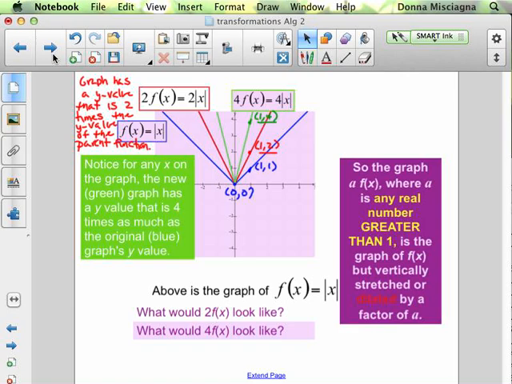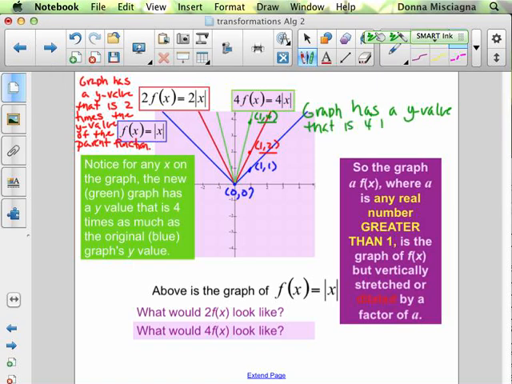And if we look at the green graph, the graph has a y value that is 4 times the y value of the parent function.